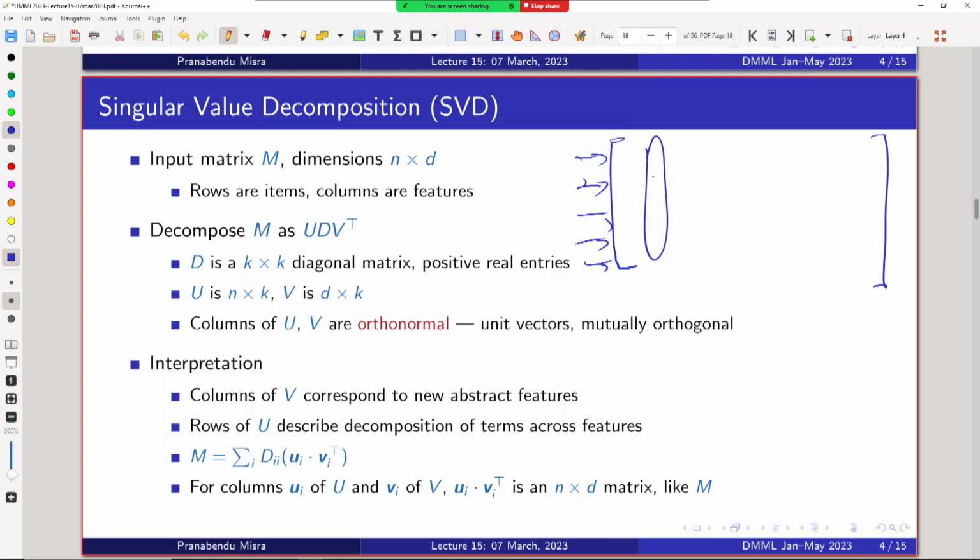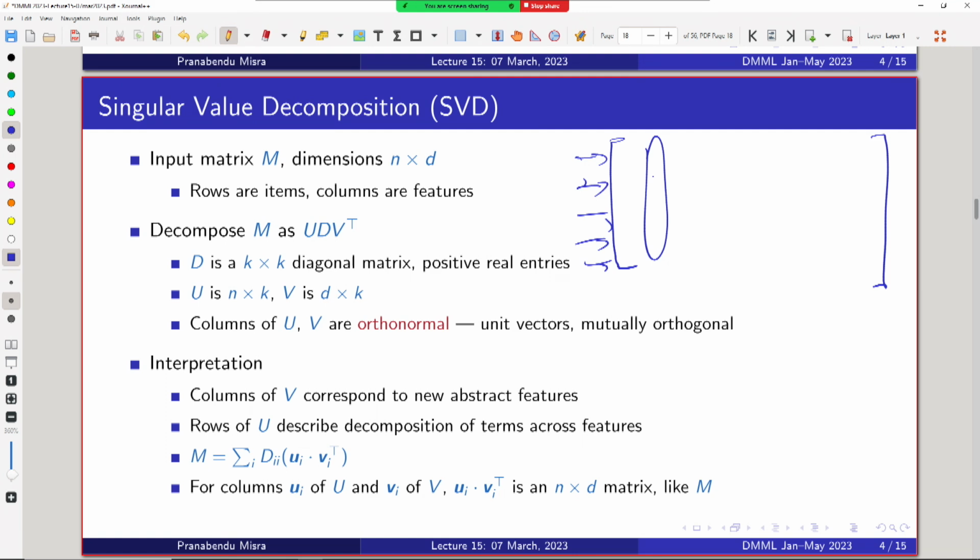Given some data where each item has some features, we stack them next to each other as column vectors to get a matrix, right. So, our goal would be to reduce the number of rows of this matrix to some smaller number, right. That way our data will become low dimensional.